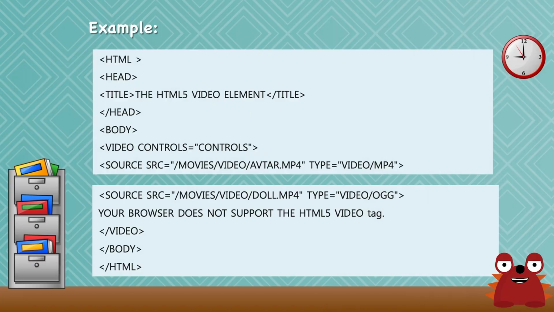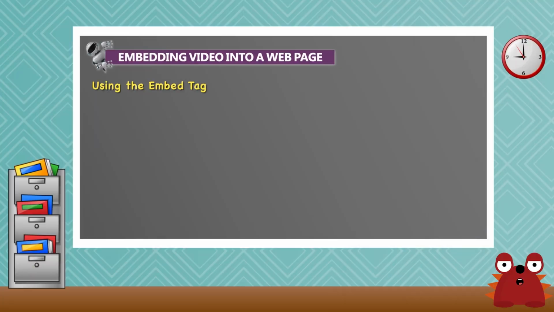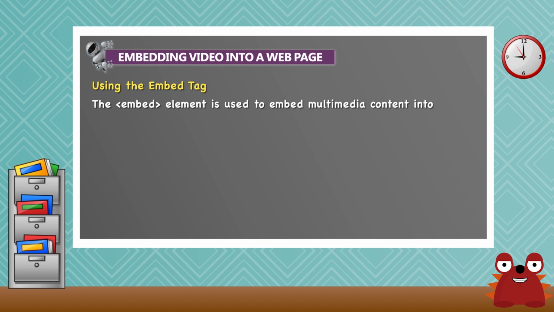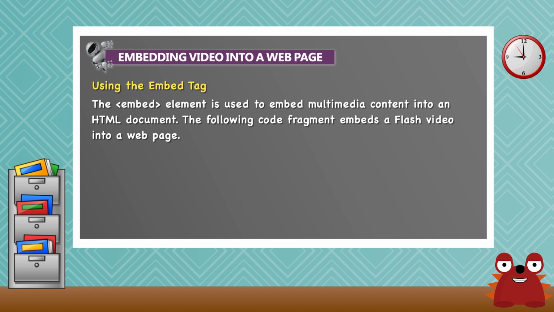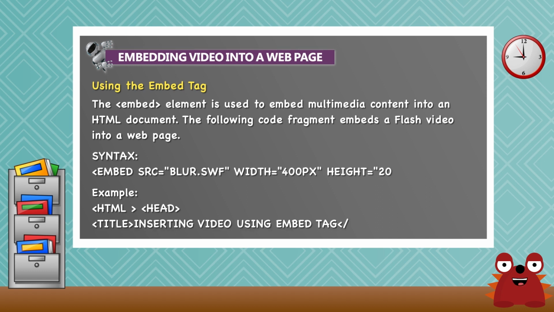Here is an example. Now, using the embed tag. The embed element is used to embed multimedia content into an HTML document. The following code fragment embeds a flash video into a web page. Here is the syntax and an example.